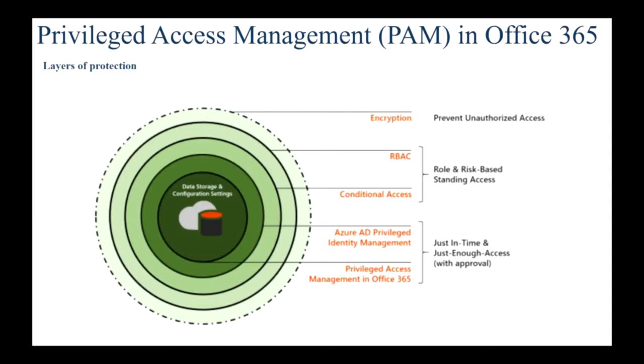Privileged Access Management basically allows granular access control over privileged admin tasks in Office 365. It can help protect your organization from breaches that may use existing privileged admin accounts with standing access to sensitive data or access to critical configuration.